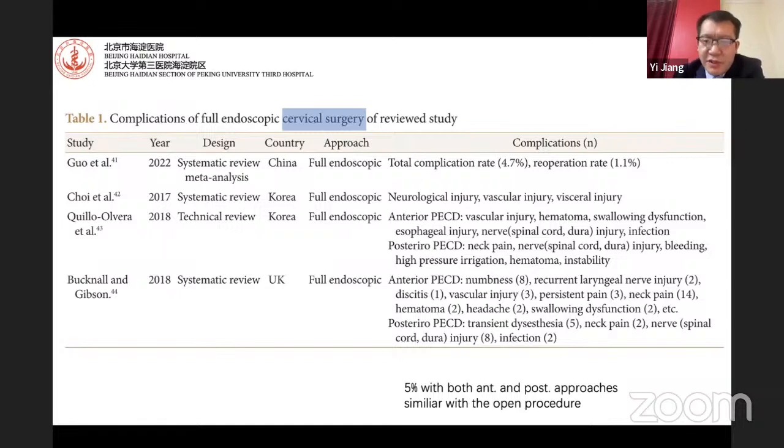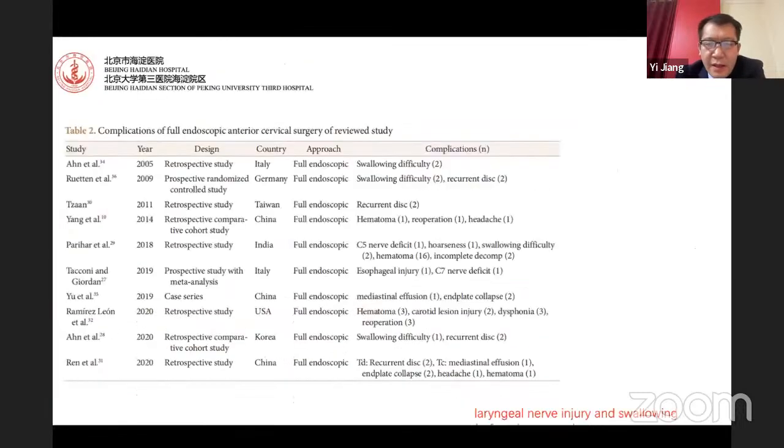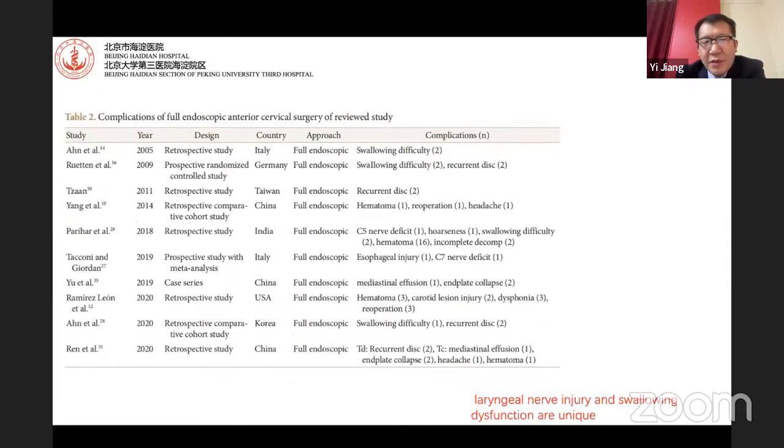According to this article, we can find that laryngeal nerve injury and swallowing dysfunction are unique complications in the anterior endoscopic procedure. It's not like our open procedure.